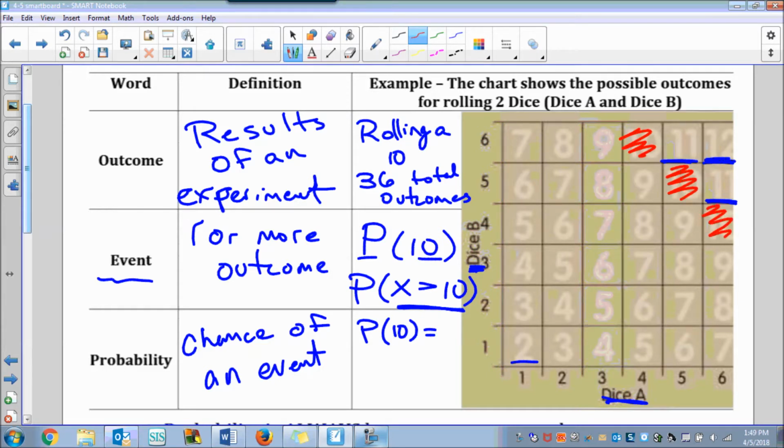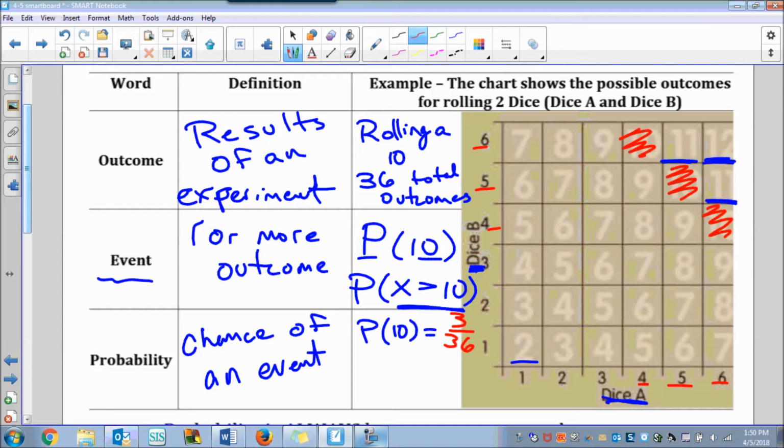We can roll 2 5s, we can roll a 6 and then a 4, or we can roll a 4 and then a 6. So there's 3 different desired outcomes for rolling a 10 out of the total, which is 36 possible outcomes. The chance that we roll a 10 is 3 out of 36.